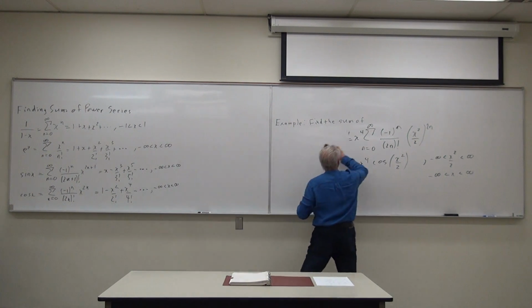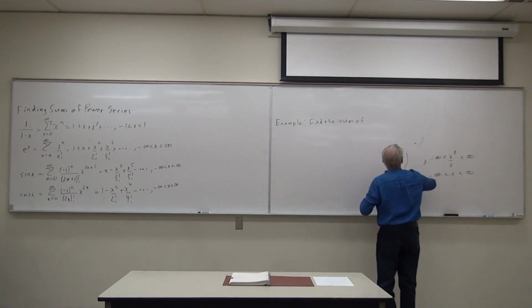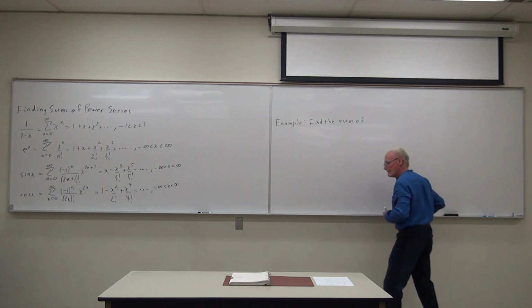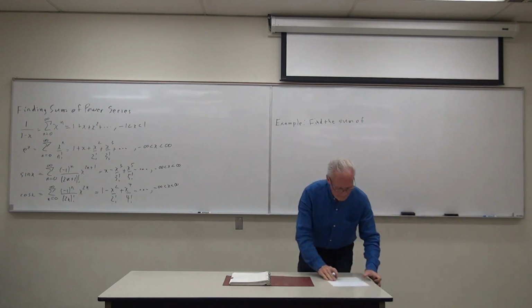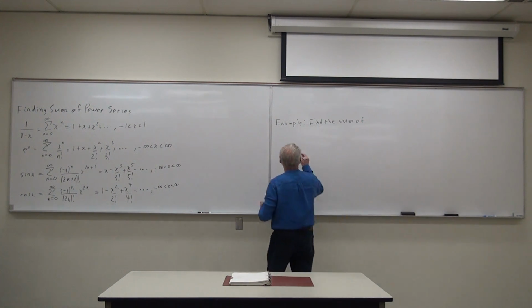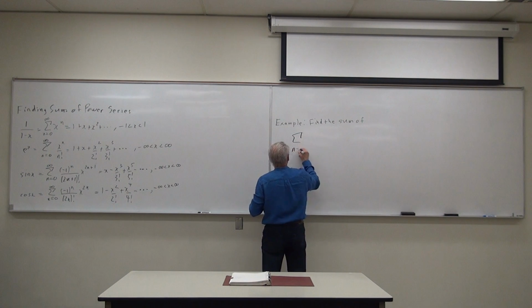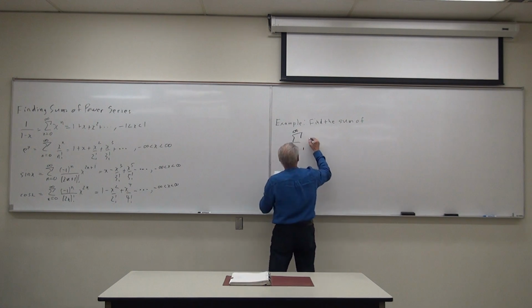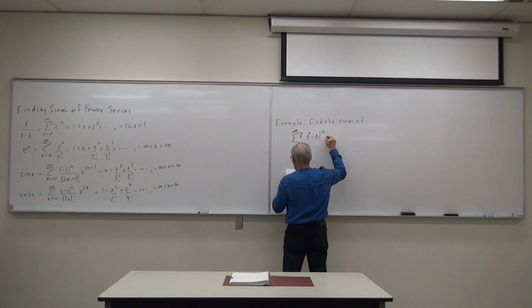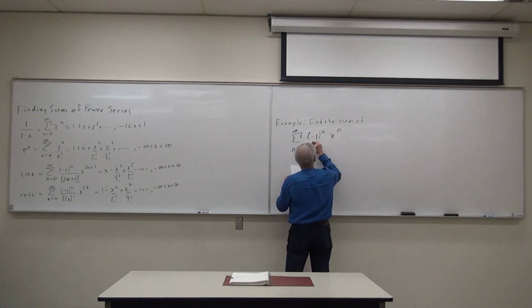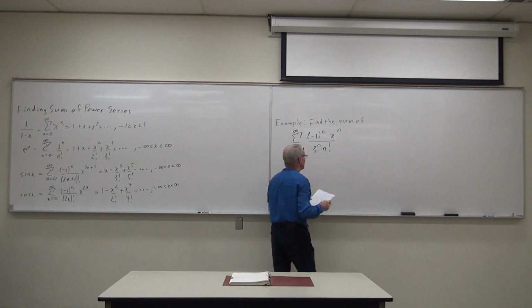Find the sum of the following series. Summation n equals 1 to infinity of minus 1 to the n, x to the n, over 3 to the n factorial.